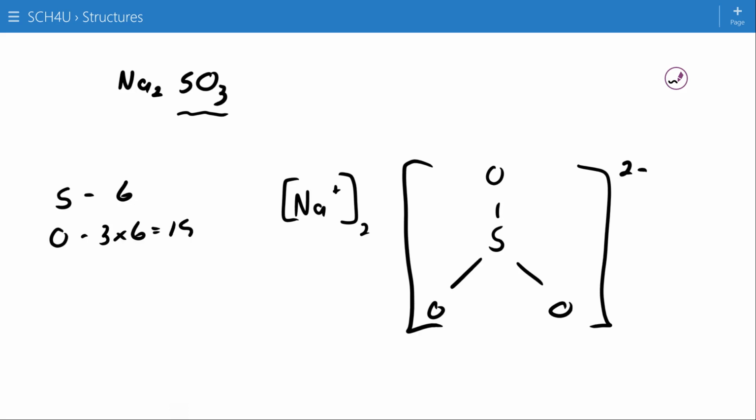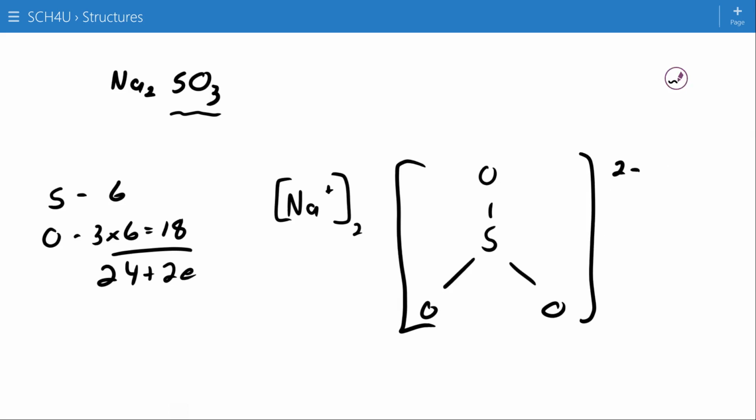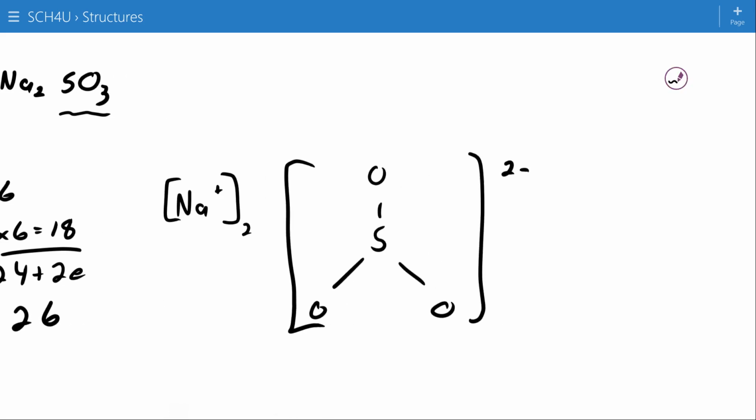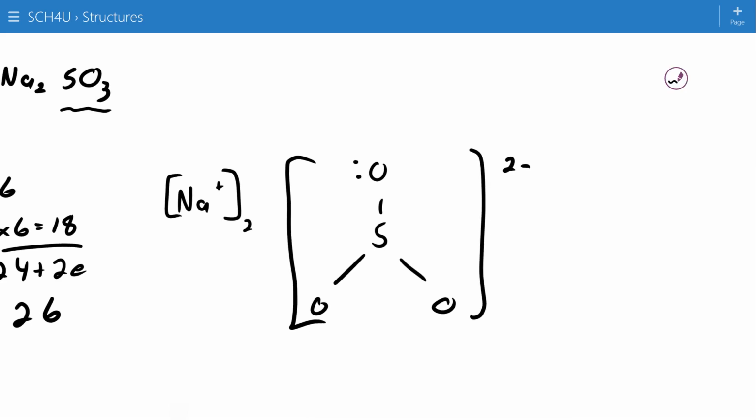So that's 18, which would give me a normal total number of electrons of 24, plus 2 electrons from the 2 minus charge here. And now that we see him paired with sodium, we have a better idea of where those 2 electrons came from. Those are the 2 that were stolen from sodium when the ionic bond was formed. But in the meantime, what's important is that we have 26 electrons in our valence structure. Setting sulfur as the center and octetting everybody.